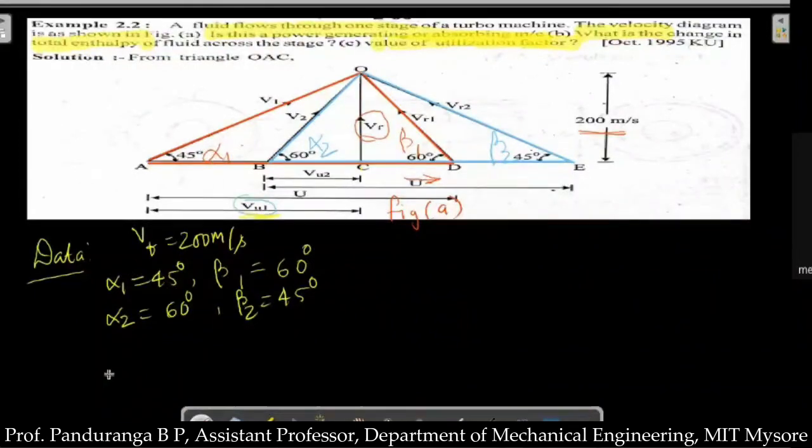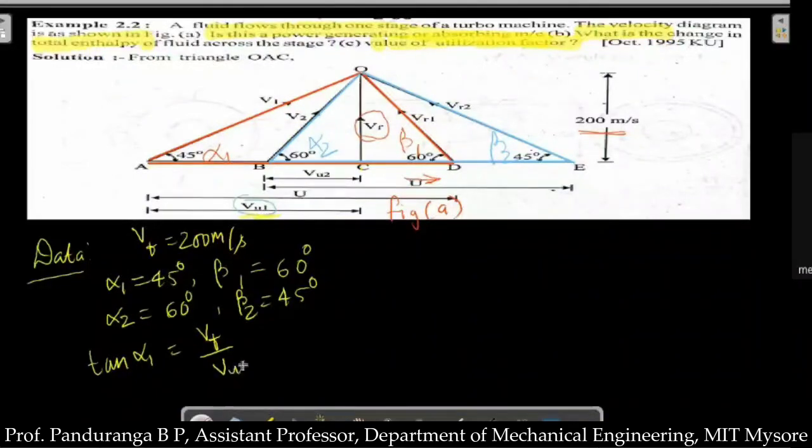I'll take tan alpha 1 here. If I take tan of alpha 1, that will be equal to Vf divided by Vu1, opposite divided by adjacent.